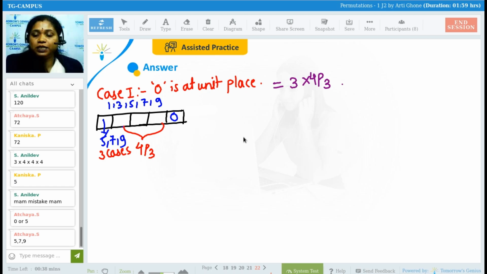Why is that 3 times fine? First place is filled in 3 ways. For the middle places, 4 digits are available and any 3 places, so 4P3 is the permutation of the middle places, and the last place is already fixed with 0. So we have 3 times 4P3.